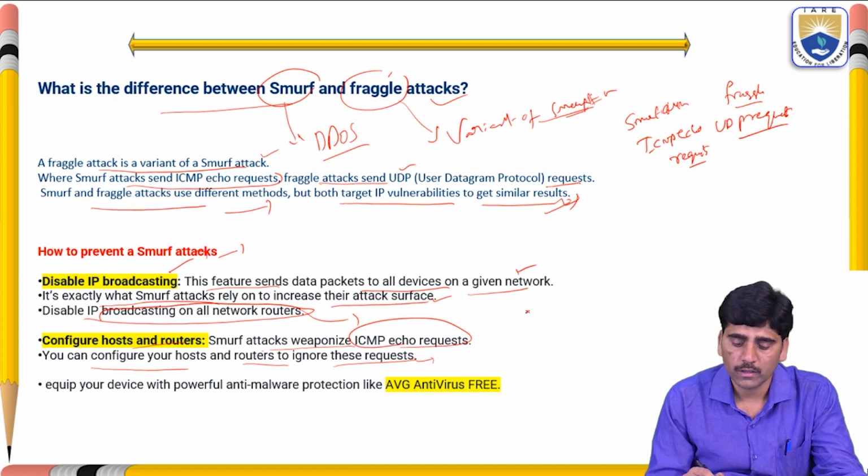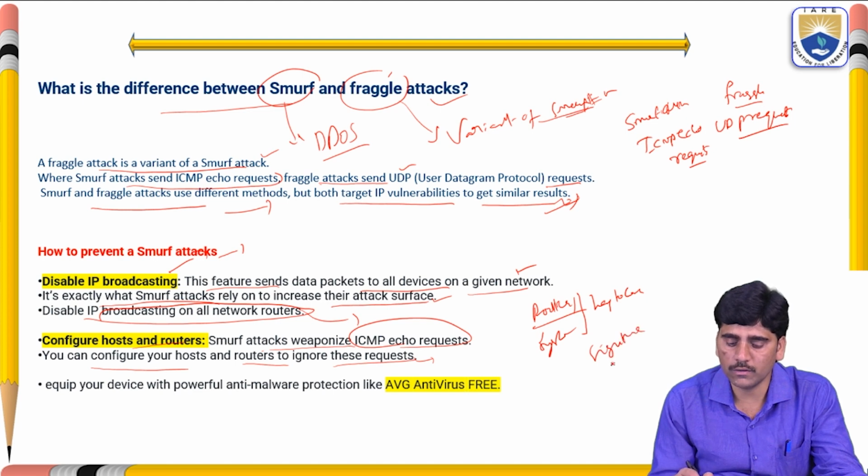That means the routers as well as the systems have to be configured very securely to ignore these types of ICMP echo requests.